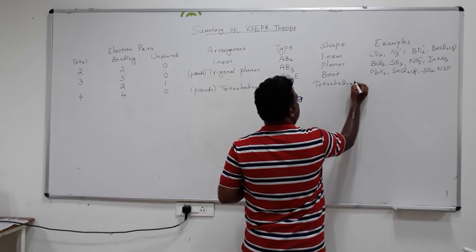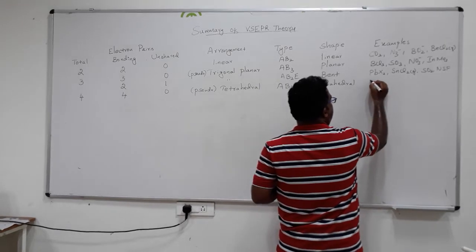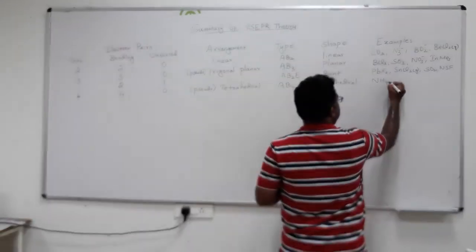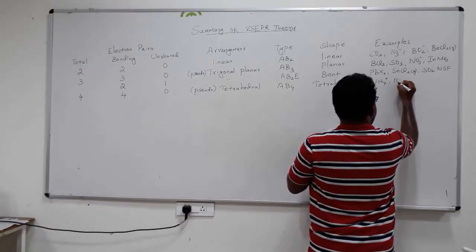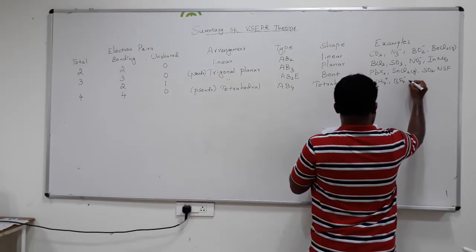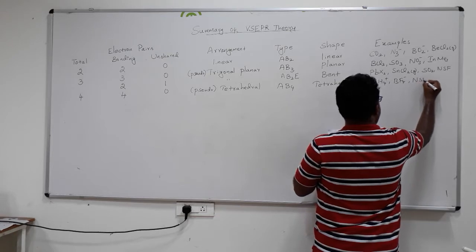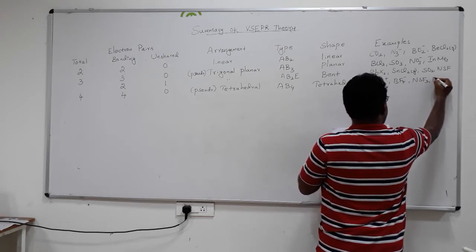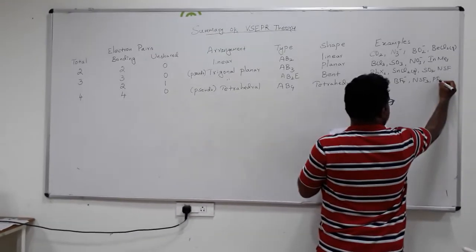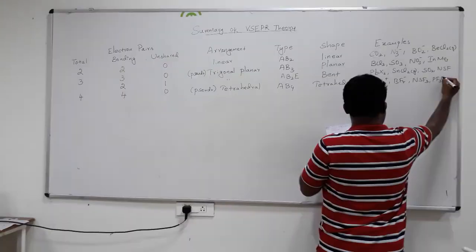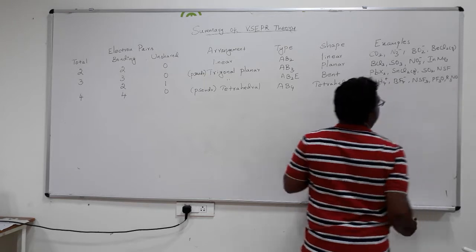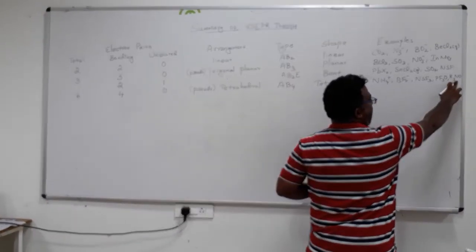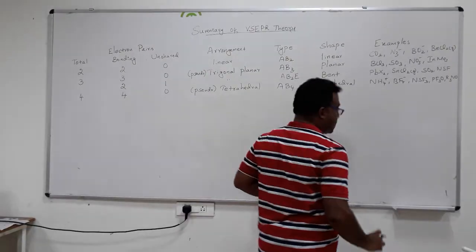Examples are ammonium ion, tetrafluoroborate, NSF3, trifluorophosphine oxide, and R3NO, which is a kind of amine oxide, with oxygen attached.